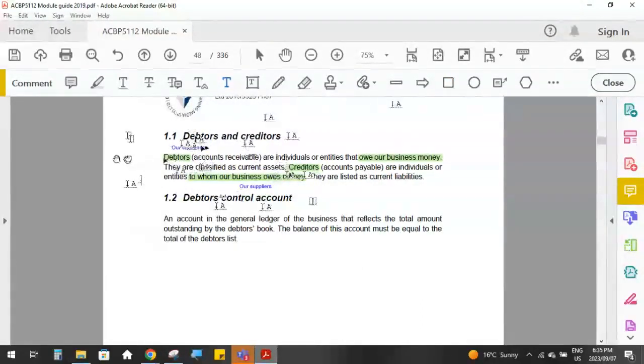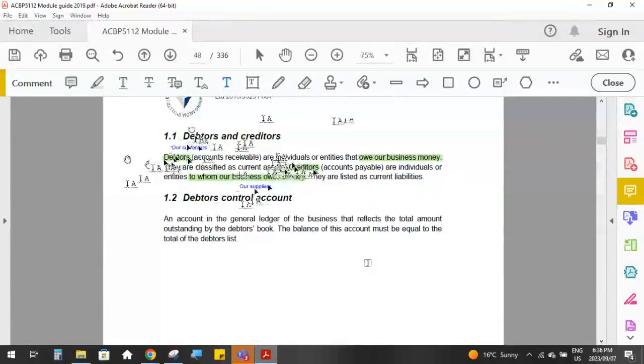So that's something that you must remember, because I know students get confused with that. So in our books, our customers are our debtors. In our customers' books, we are their creditor, because we are their supplier. They are our customer.